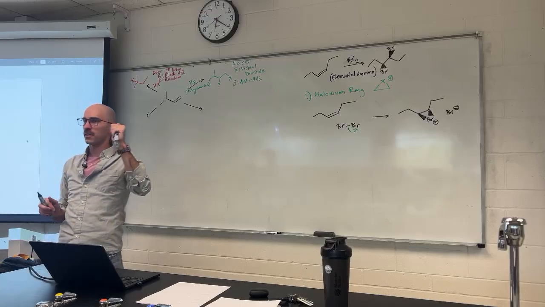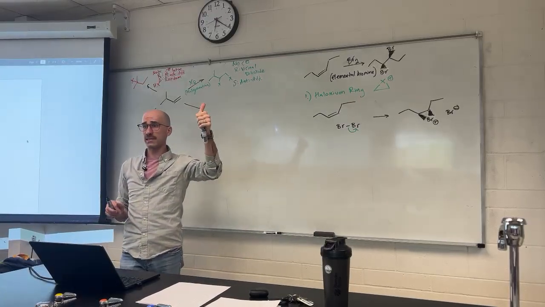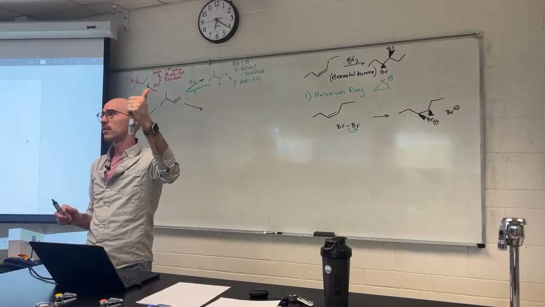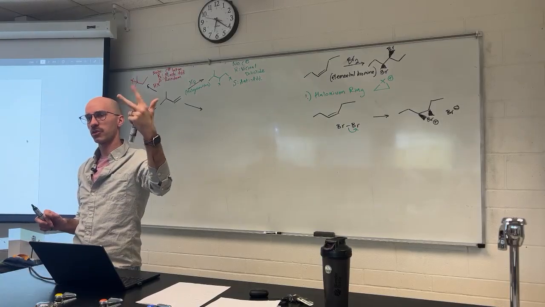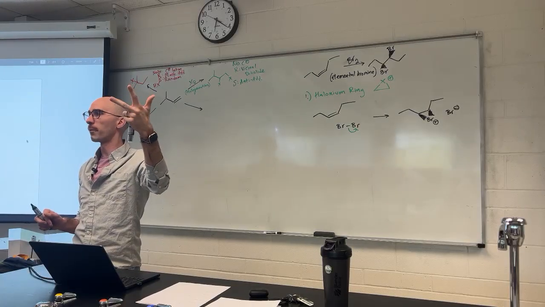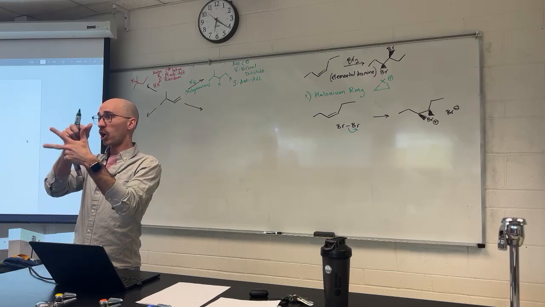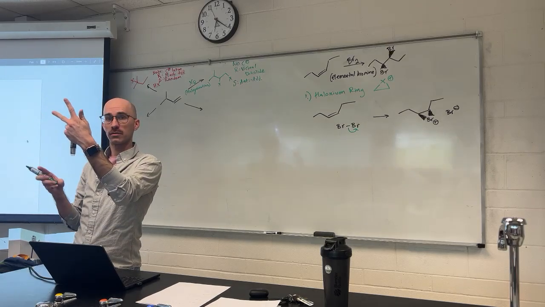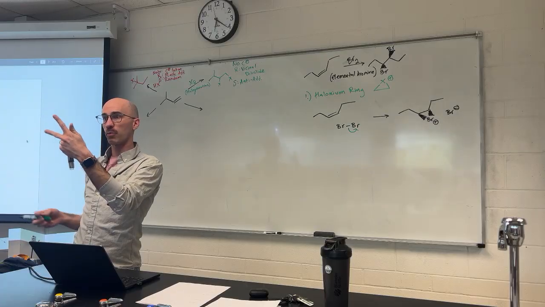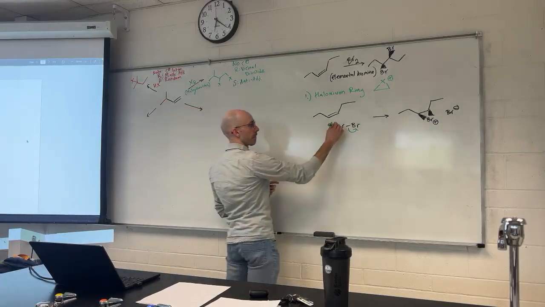Spot the difference. Carbon-carbon bond breaks. 2 carbon-bromine bonds form. I can use the carbon-carbon bond to form one of those carbon-bromine bonds. Where does the other carbon-bromine bond come from?